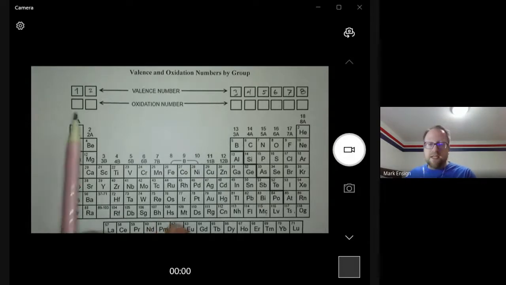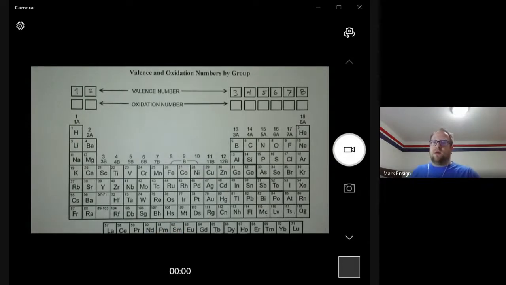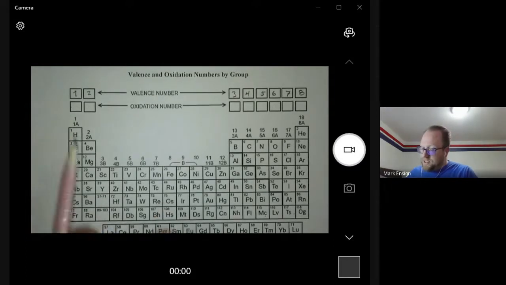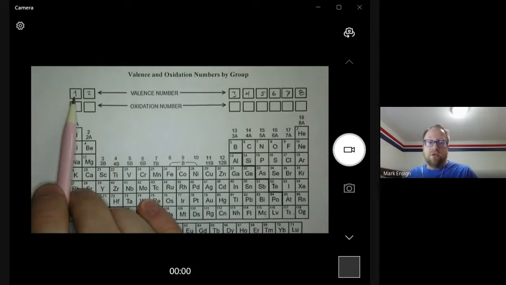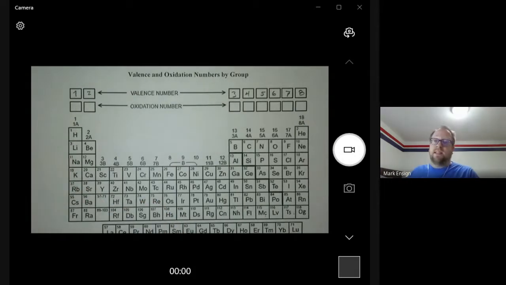As far as oxidation number, remember, it tells us how many electrons the atom is going to lose or gain in order to have a full valence energy level, a full valence shell. So this first group here, it's easier for this group to lose that one valence electron than it is to gain 7 more. So this one is going to lose 1 electron.